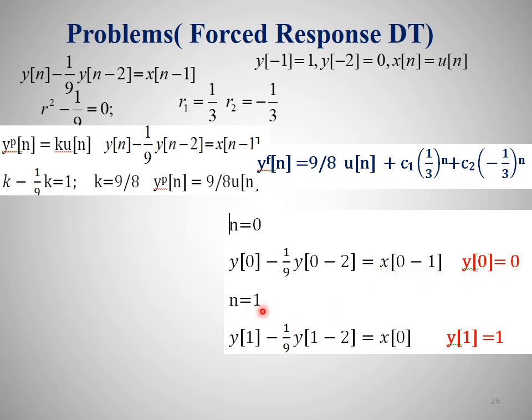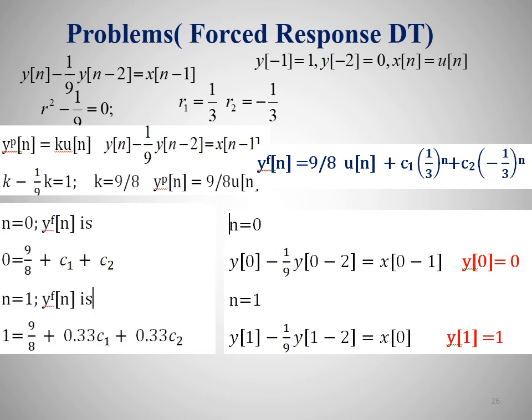Similarly, when n equal to 1, this becomes y of 1 minus 1 by 9 y of minus 1 equal to x of 0. X of 0, u of n being like an impulse, is equal to 1. So y of 1 is equal to 1, whereas the given conditions will not be considered. That is the speciality of the forced response.